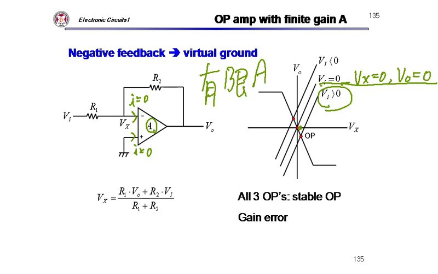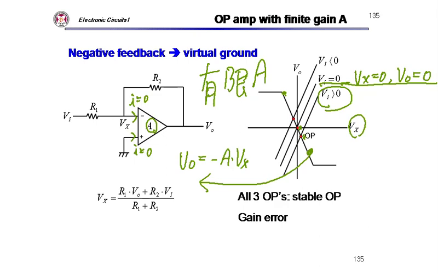In that case, my Vx is not 0, right? For that case, I will use this one. This equation shows from here to there, my VO should be minus A Vx, right?